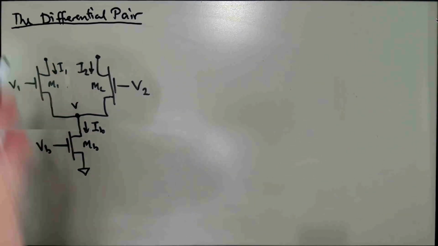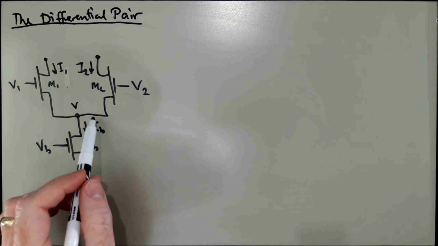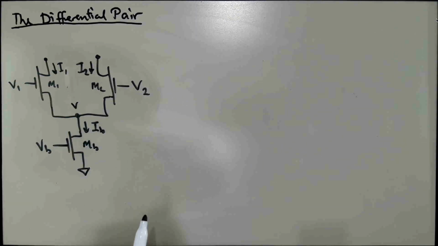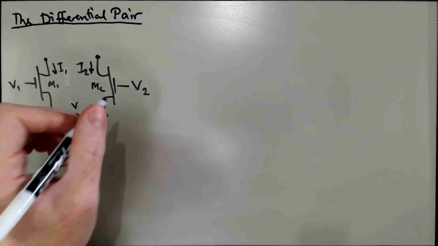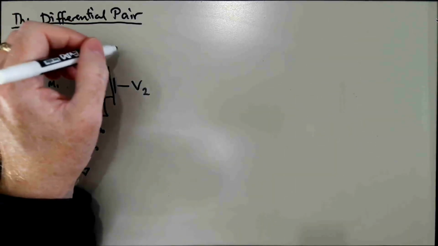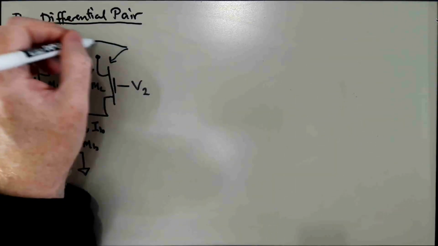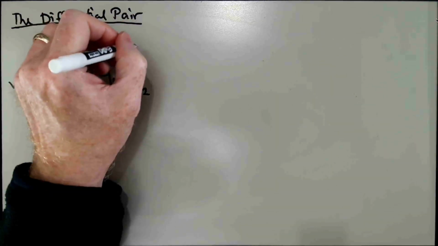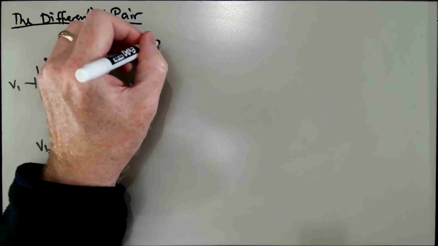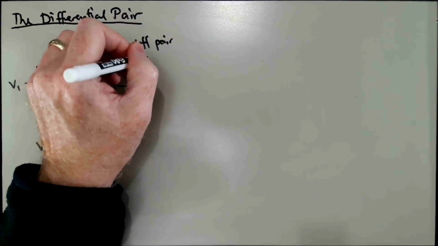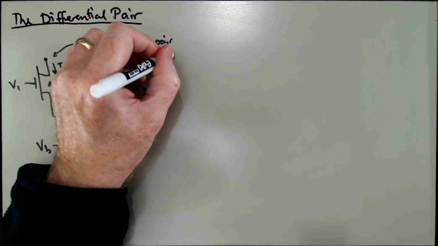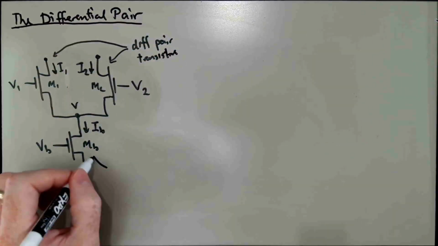We're going to call this common source node down here V. Okay, so these are the diff pair transistors. This is the bias transistor.